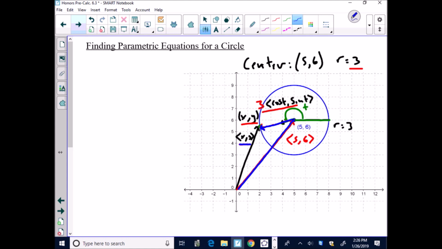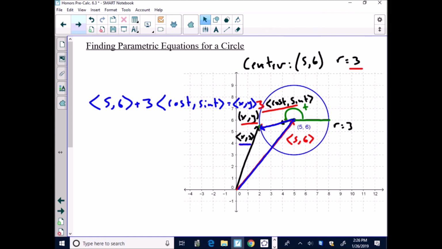So we've got a vector extending to the center, <5, 6>, plus our scalar r times our unit vector extending in the direction of that point on the perimeter of the circle, equal to our vector extending to the arbitrary point <x, y>.